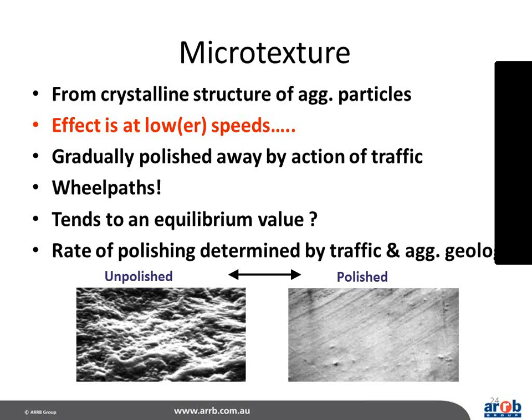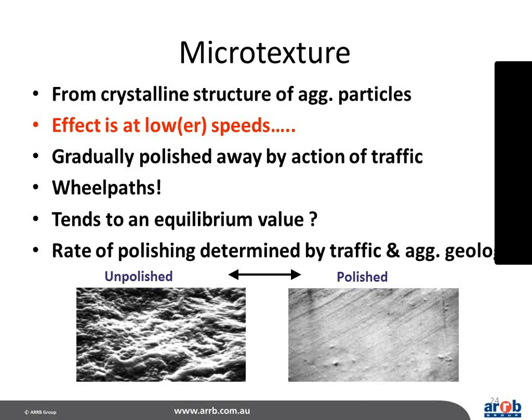What you're seeing at the bottom there is some microscopic pictures of an individual aggregate particle. On the left, it shows an unpolished piece of aggregate. And hopefully you can see there that it's quite rough. It's got quite an amount of microtexture to it.